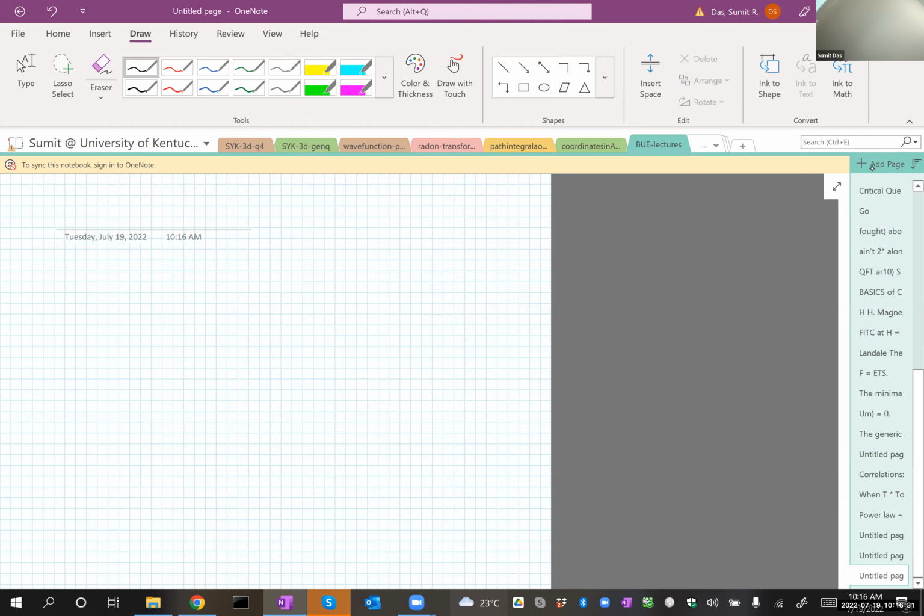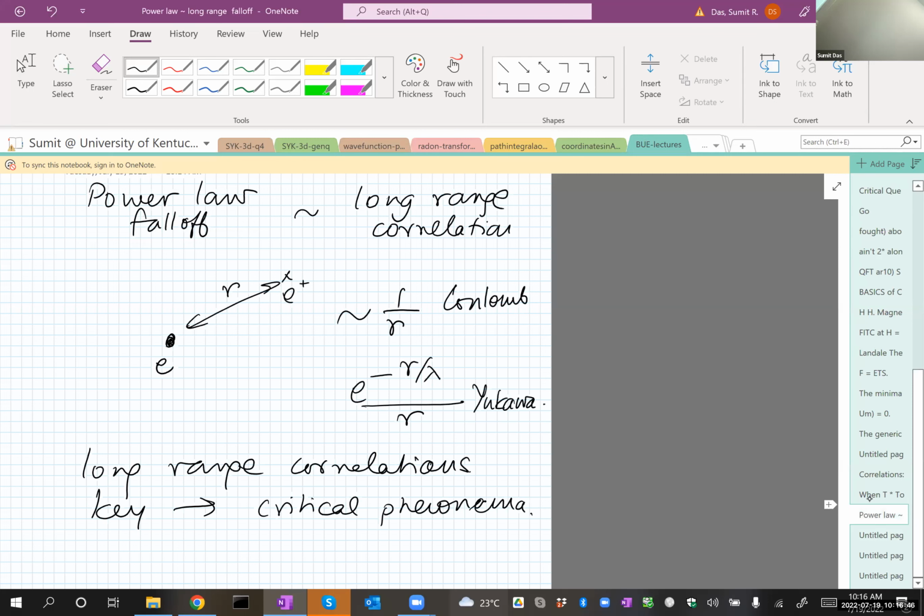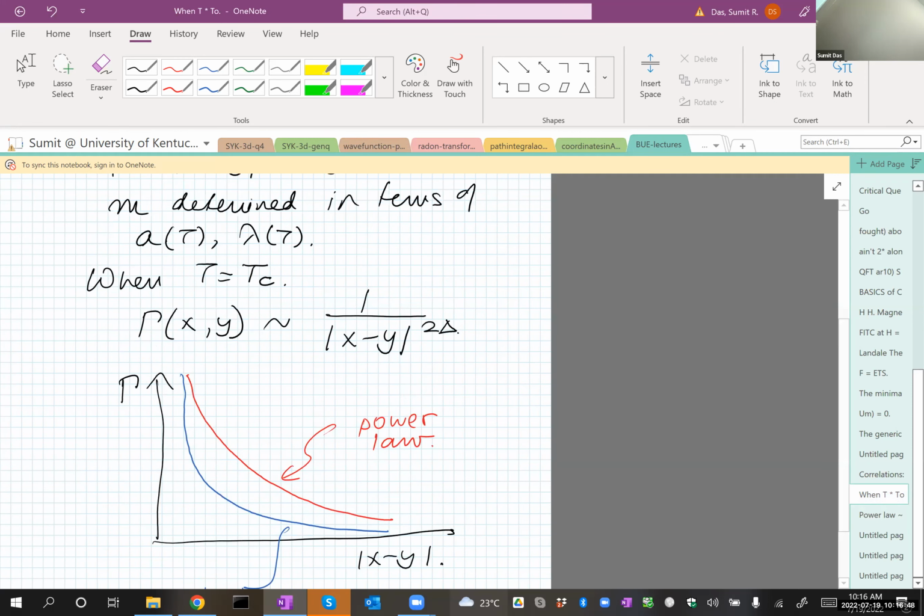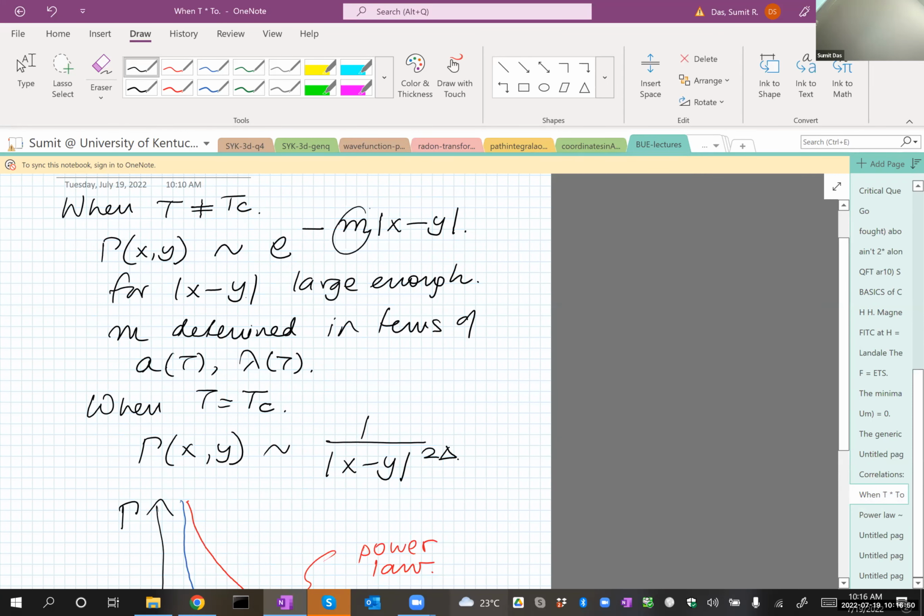In this particular theory, the Landau theory, called Landau-Ginzburg theory, this quantity M must go to 0 near the critical point.